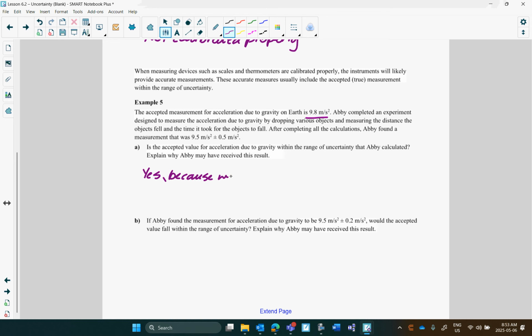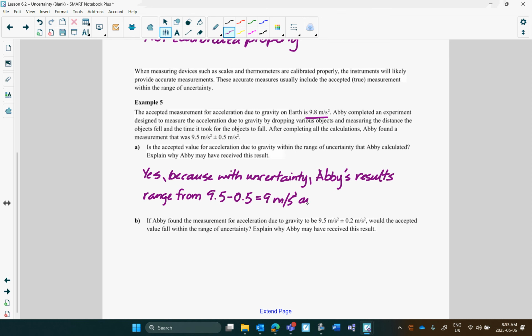Because with uncertainty, Abby's results range from 9.5 minus 0.5 equals 9 meters per second squared, and 9.5 plus 0.5 equals 10 meters per second squared.